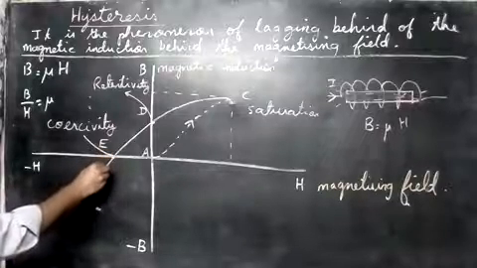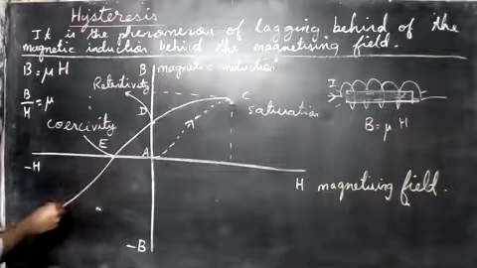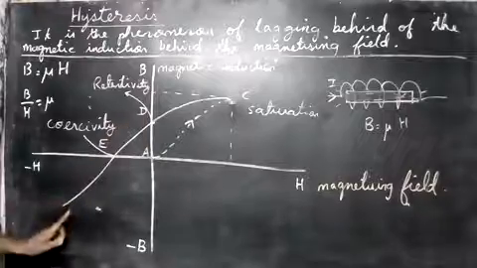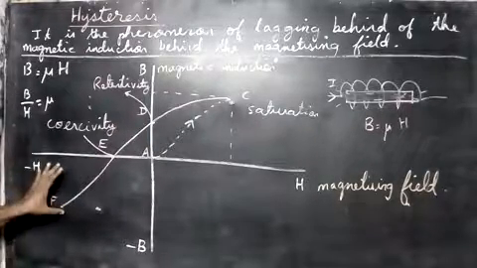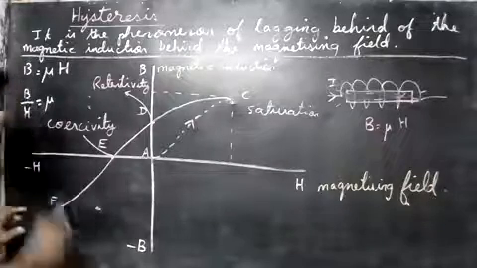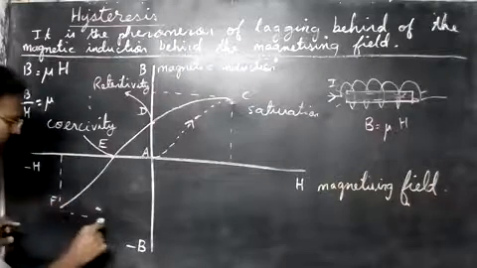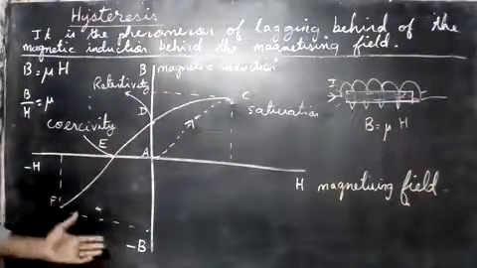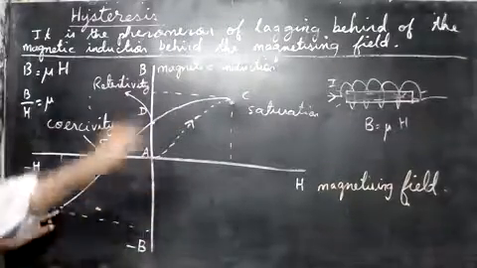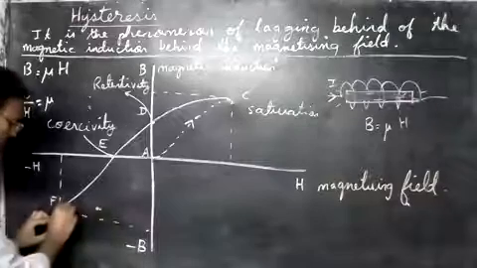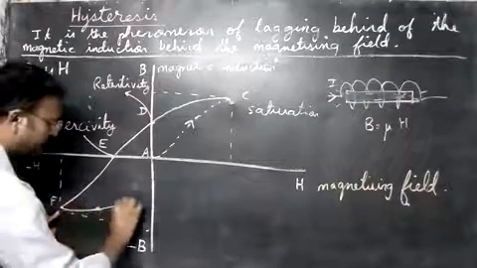Then we increase the magnetizing field in the negative direction this way, and as you increase it, it comes up to here, just like this, the opposite only. At this point F, we get the magnetic saturation again, but in the negative direction. Then we slowly increase the magnetizing field, and it comes like this way.